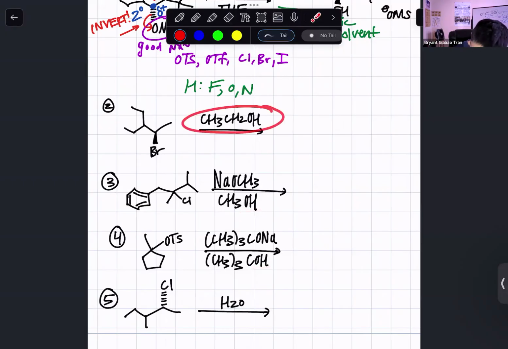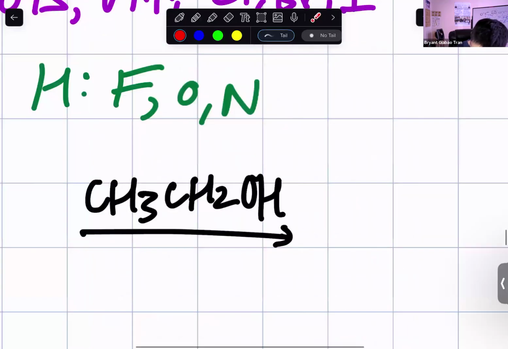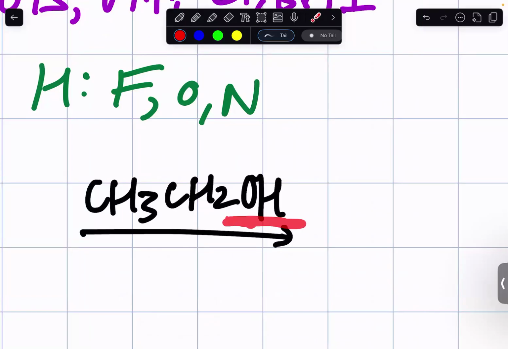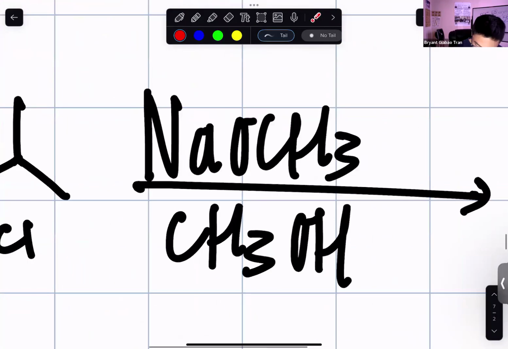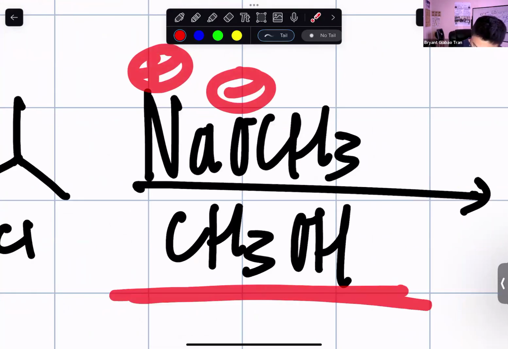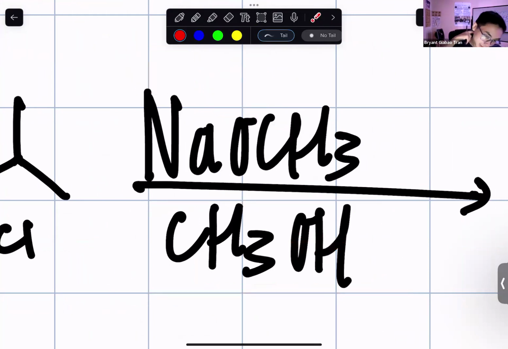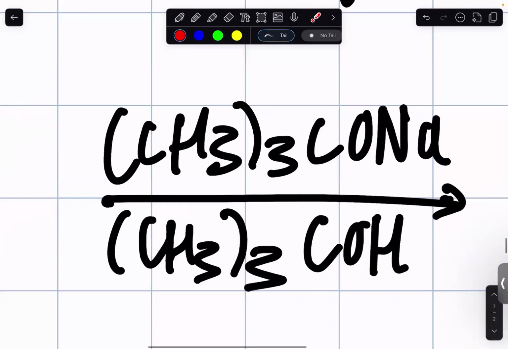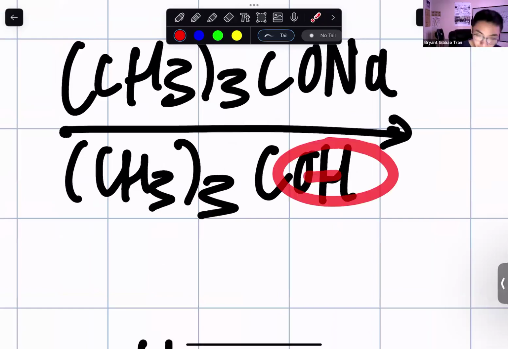If you see nothing under the arrow, just water or alcohol, the base or nucleophile is the protic solvent itself. Here we know there's a positive charge on the sodium and a negative charge on the oxygen, but this bottom one is neutral, with a hydrogen bond, making it a protic solvent, which will not do anything in the mechanism. Right here as well, this is also a protic solvent because we have an H bond there.